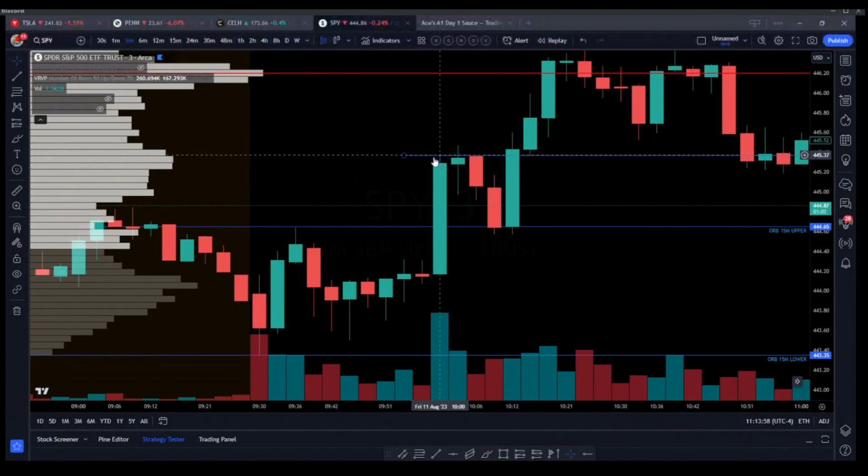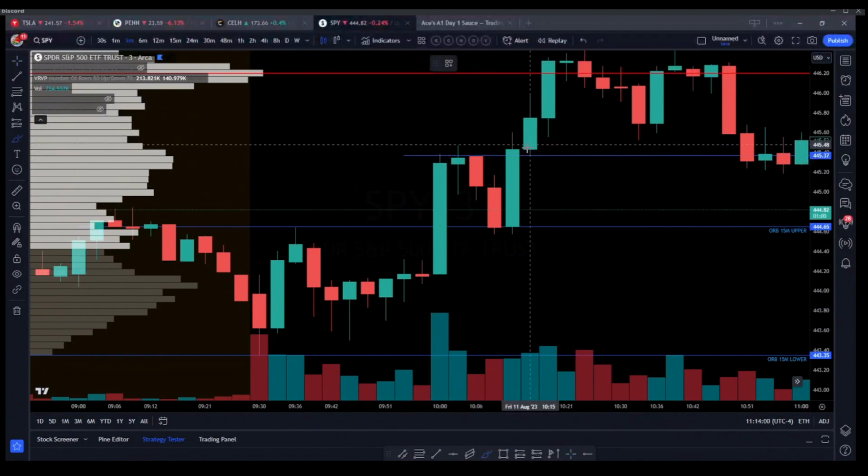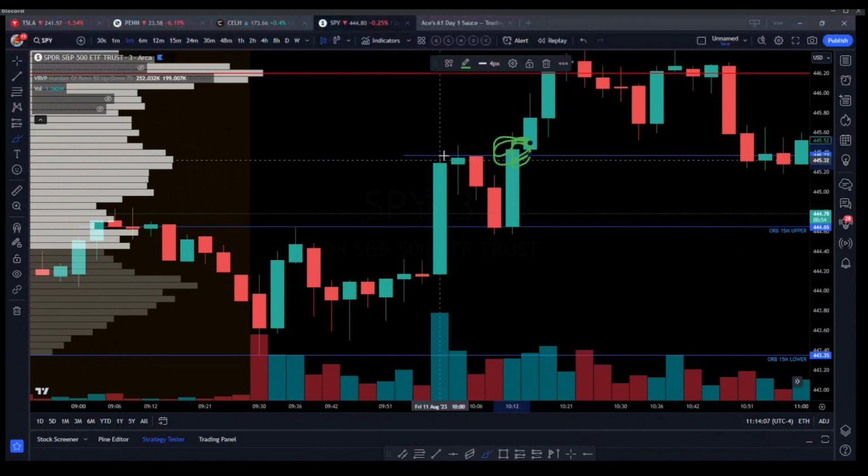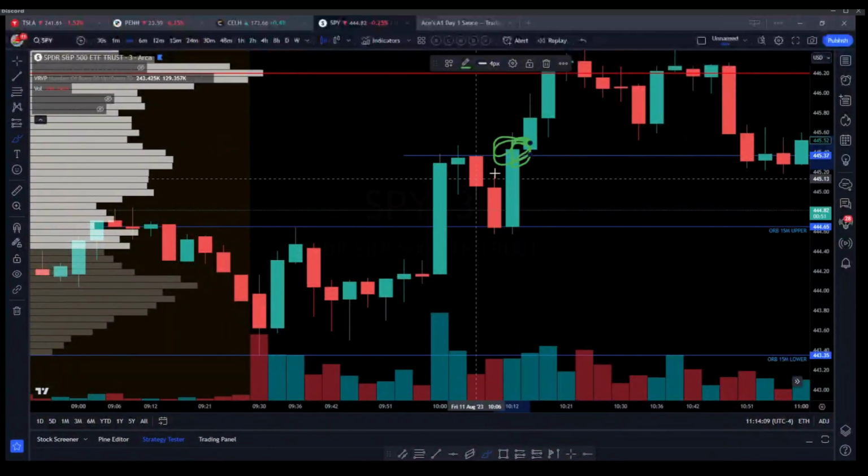So my real entry would actually be right here if I was playing conservative, right? Because there's my close and it is now above that previous breakout candle of the ORB.